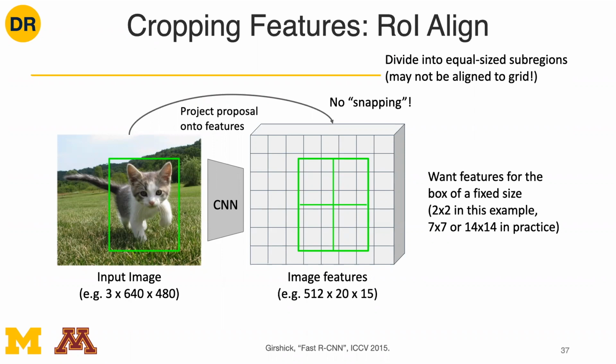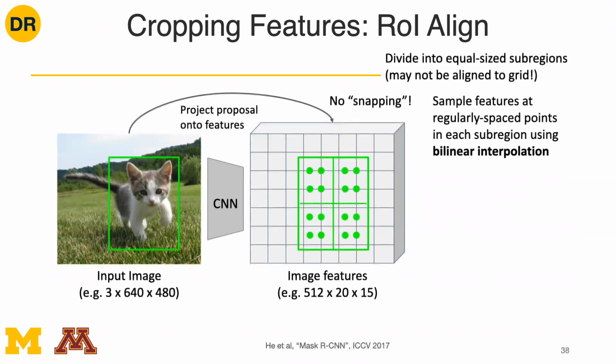One way to do that would be to figure out the regions inside the original region proposal bounding box, create the subregions, and extract features using this concept of bilinear interpolation.